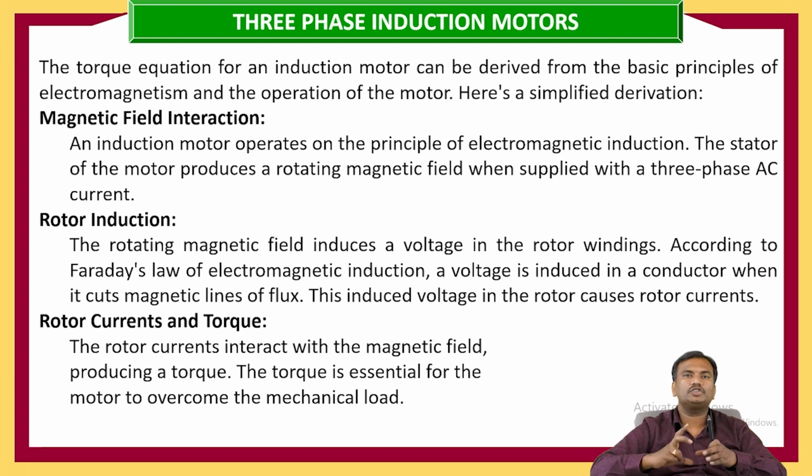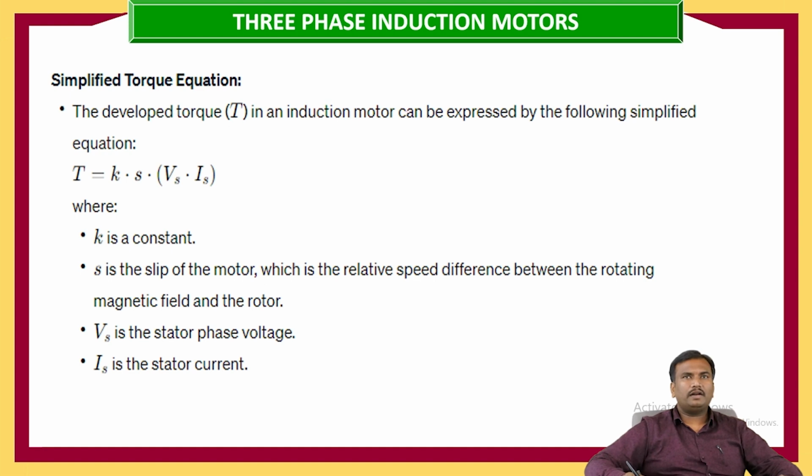The twisting force in the induction motor will start, so that the twisting force will make the rotor rotate. This is the way we get the torque in the induction motor, with the interaction of magnetic field and the conductors.